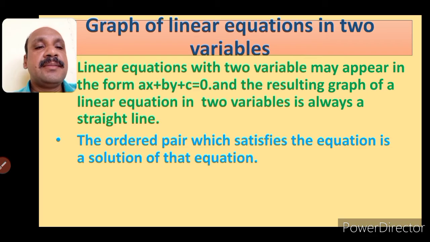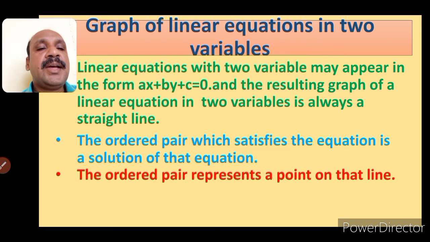Ordered pair means x coordinate and y coordinate. We find this ordered pair for the graph of the linear equation; the ordered pair which satisfies the equation is the solution of that equation.